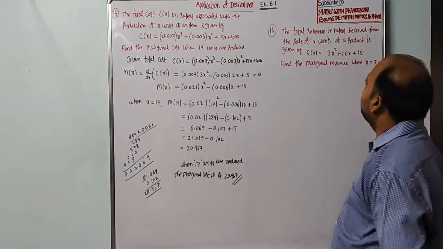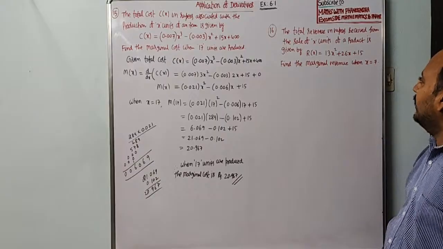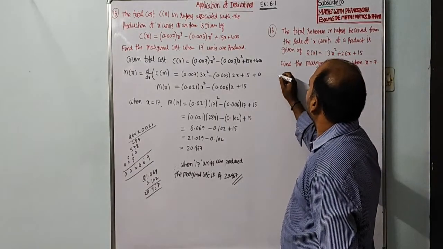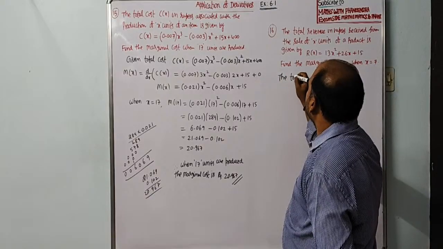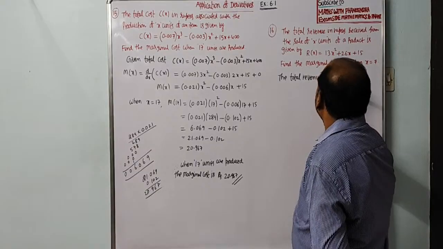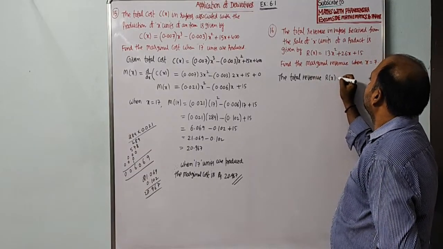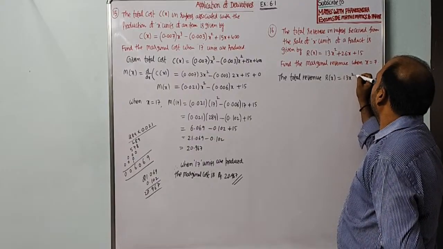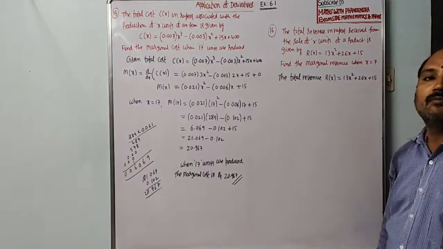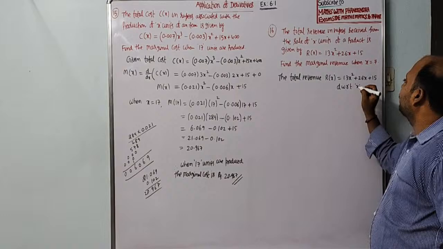The total revenue in rupees received from the sale of x units of a product is given by R of x is equal to 13x squared plus 26x plus 15. So differentiate with respect to x.